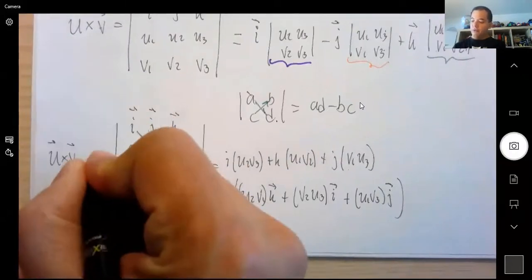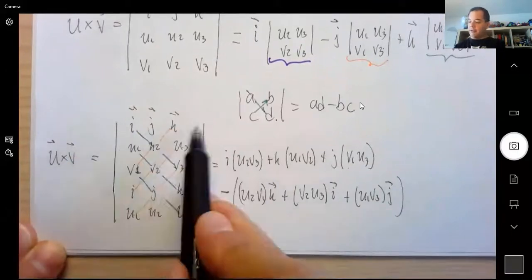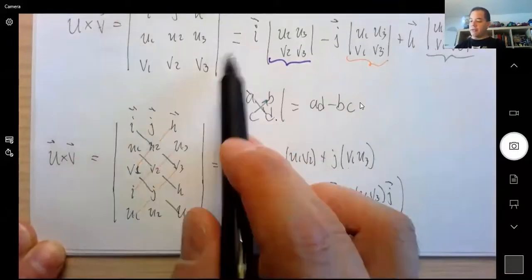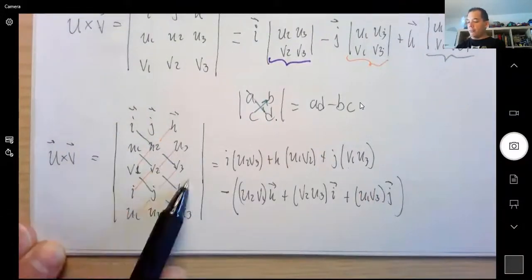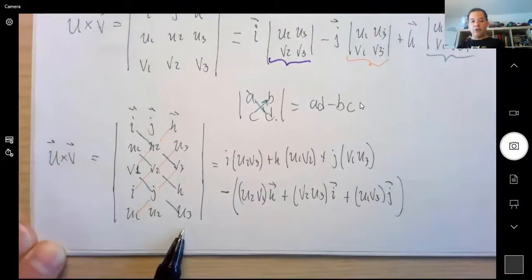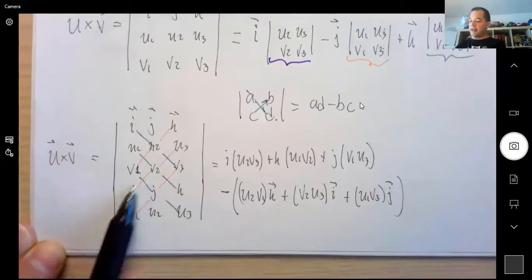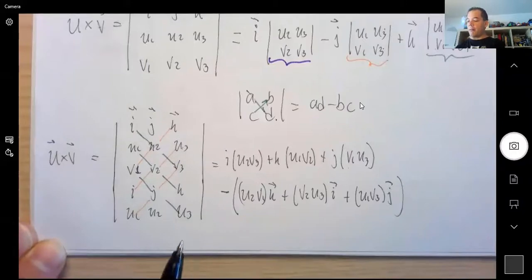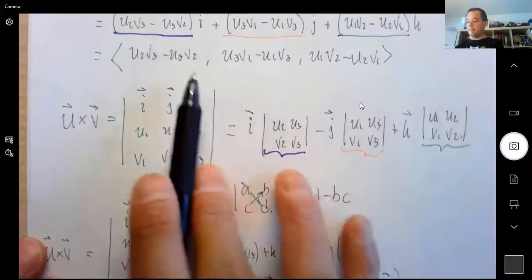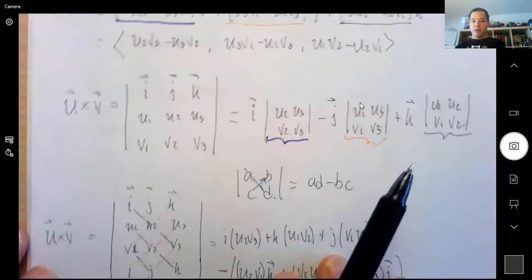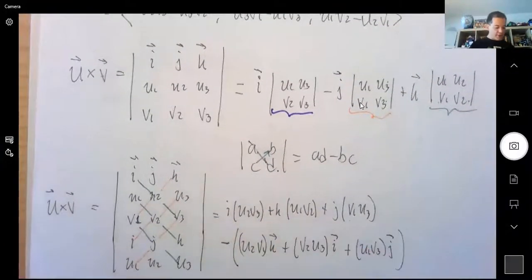What you can do is write the three rows of the determinant, copy the next two over here, and then go positive on the diagonals that go from left to right down, and negative for the diagonals that go left to right up. And when you do it, you get the same answer as this one over here. Okay? All right, so that's a summary of what we did last time.